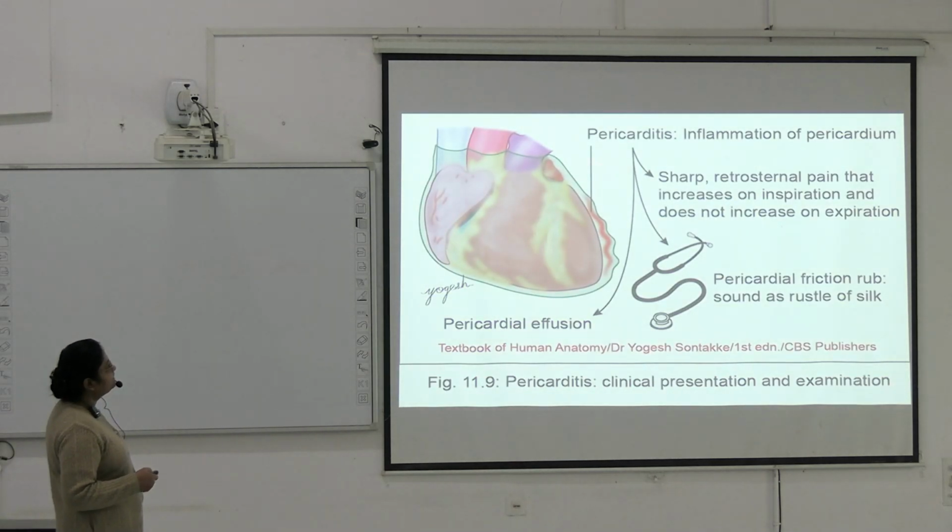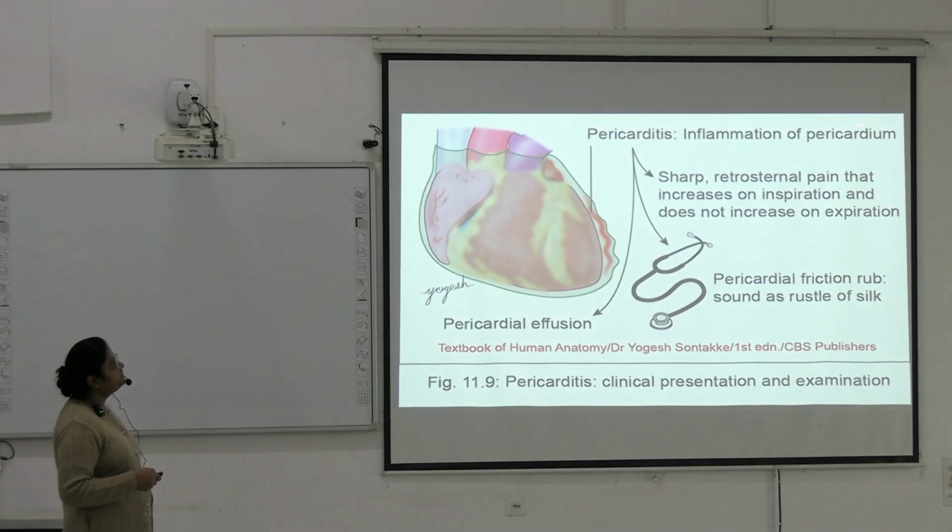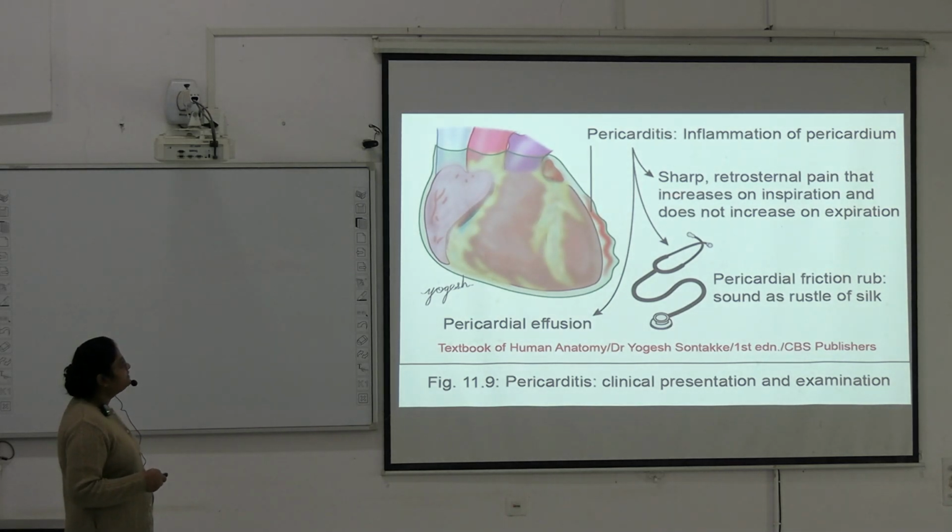Next clinical aspect is pericarditis. Pericarditis is inflammation of the pericardium. There will be sharp retrosternal pain that increases on inspiration and does not increase on expiration. Pericardial friction rub can be heard on auscultation with a stethoscope, and it sounds like the rustle of silk.